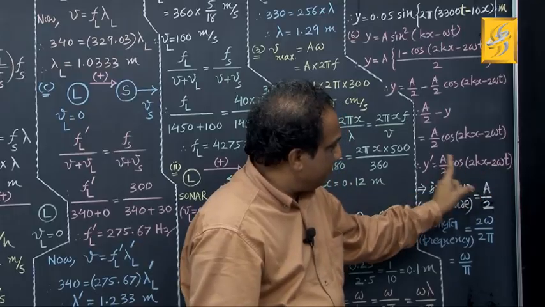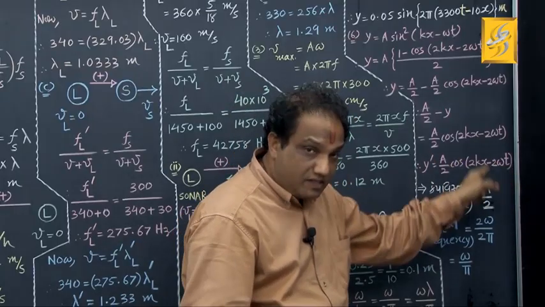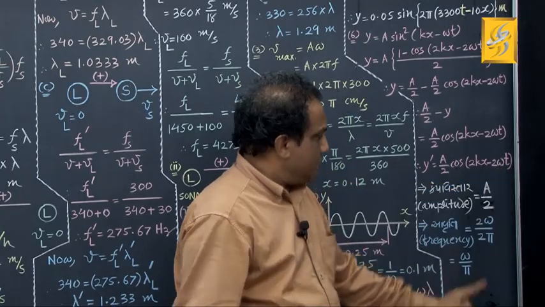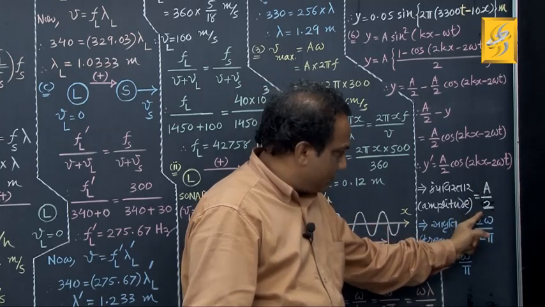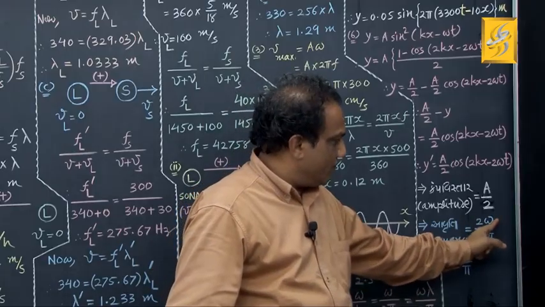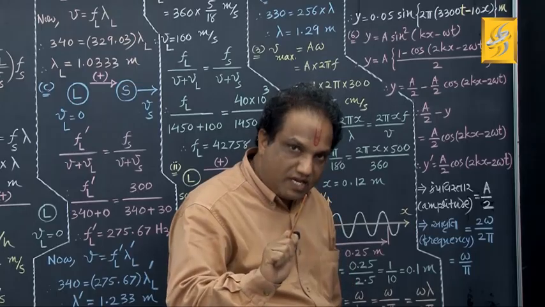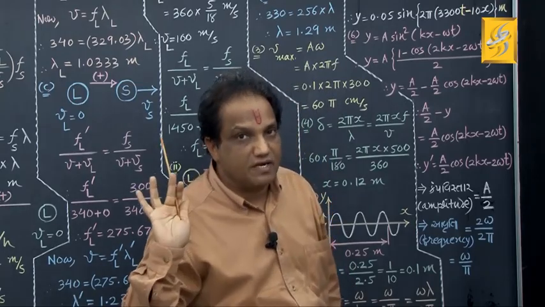In that expression, the coefficient of t is 2 omega. So right now the angular frequency is not omega, but 2 omega. Angular frequency divided by 2 pi will give you frequency. Now 2 will cancel, giving you frequency omega upon pi. Frequency has the unit hertz and angular frequency has the unit radian per second. Got it?